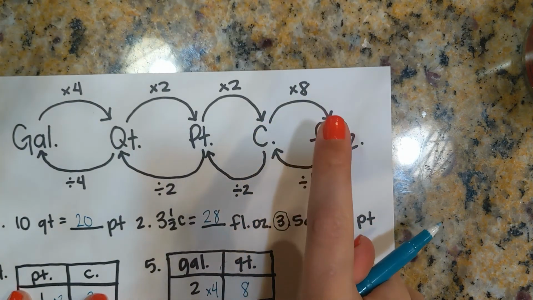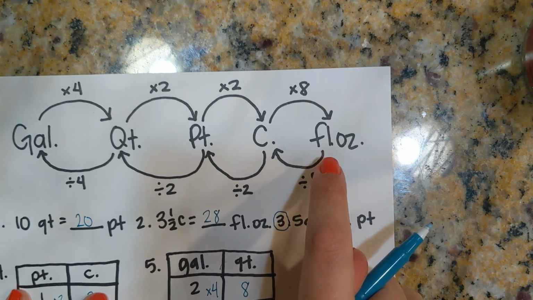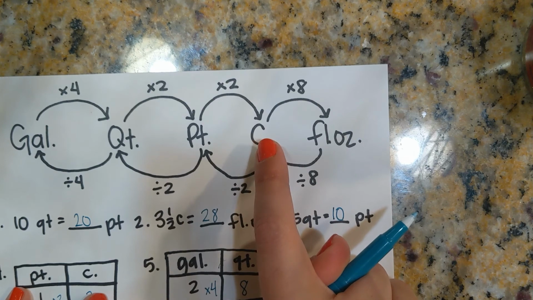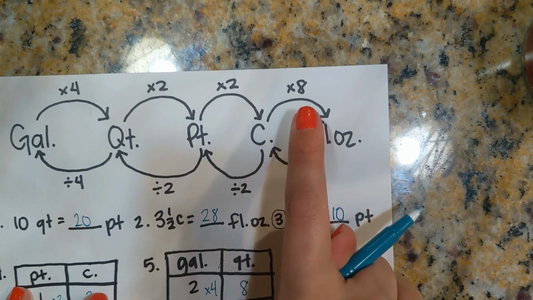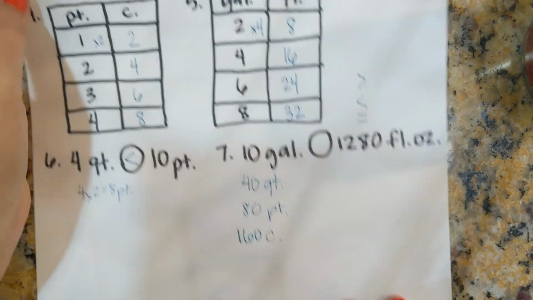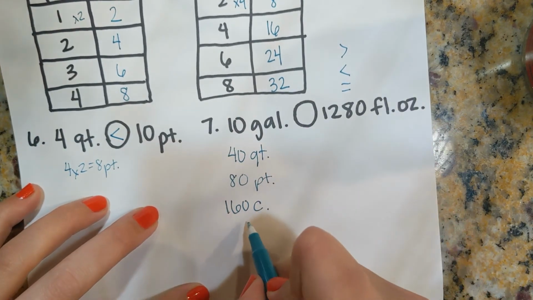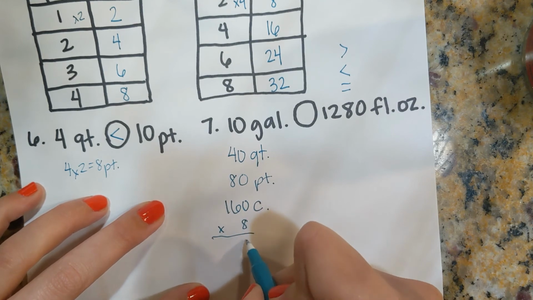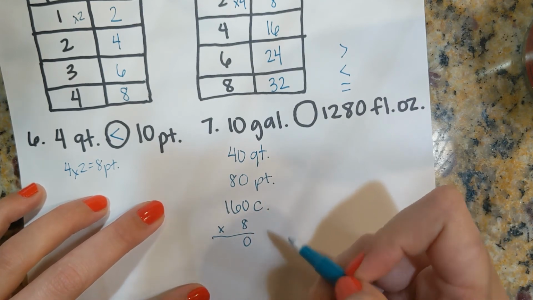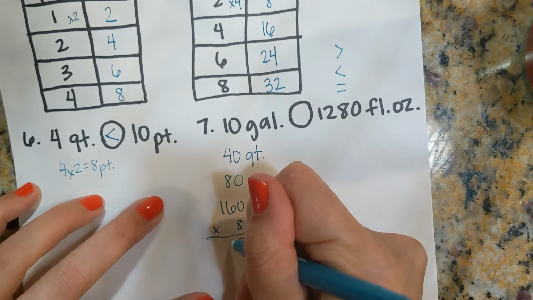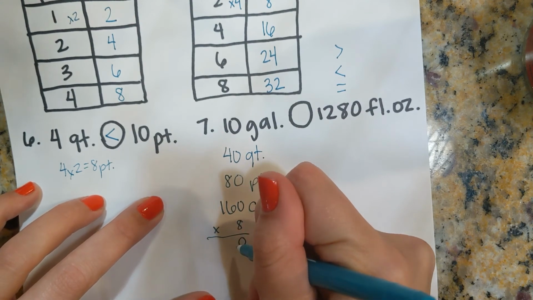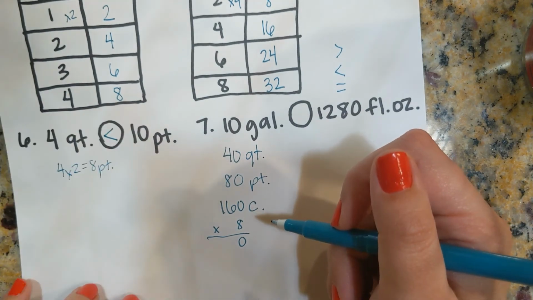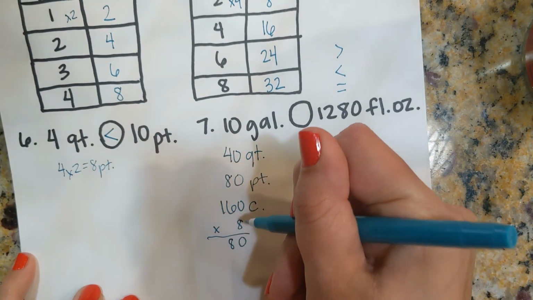And remember, from cups to fluid ounces, I hadn't talked about that yet in this video. We have 8 because there are 8 fluid ounces in every cup. So we're going to need to multiply the number of cups we found by 8. This times 8. 0 times 8 is 0. 6 times 8 is 48. 8 down below.